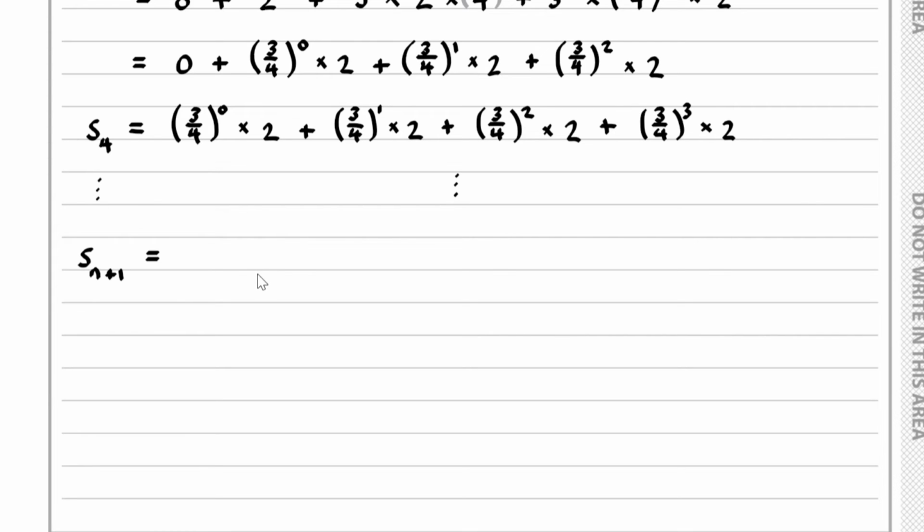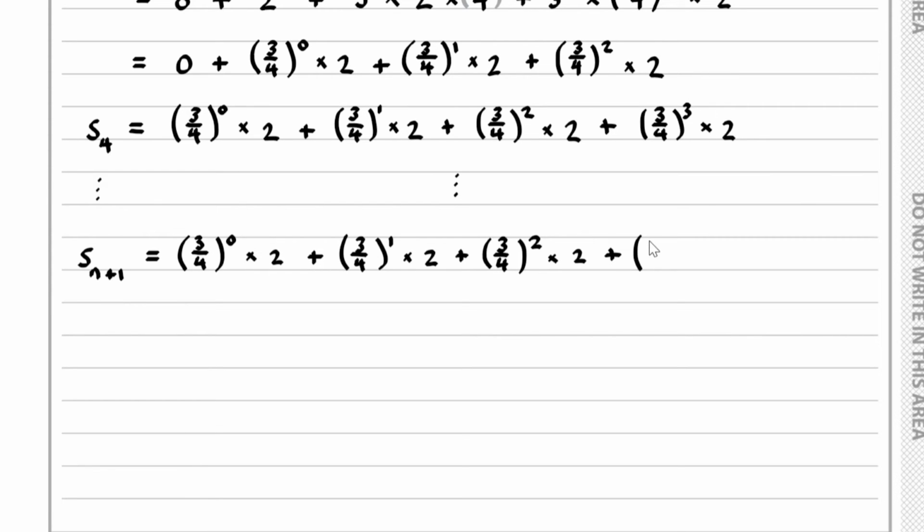So for Sn plus 1, we would have 3 over 4 to the 0 times 2. And then we have 3/4 to the 1 times 2. And then we've got 3/4 squared times 2.